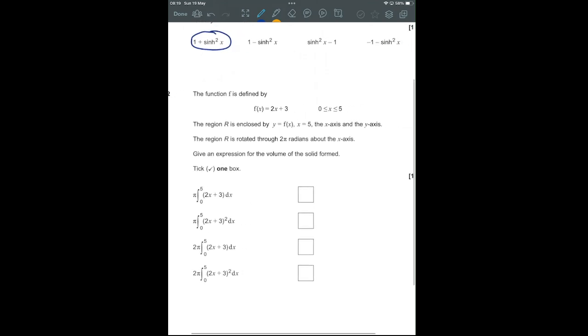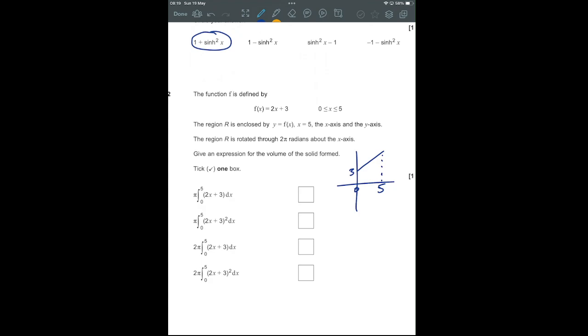Question 2. The function is given as so. We're going between the region enclosed by f and the y-axis. So we have our function doing something like this, starting at 3, between 0 and 5.